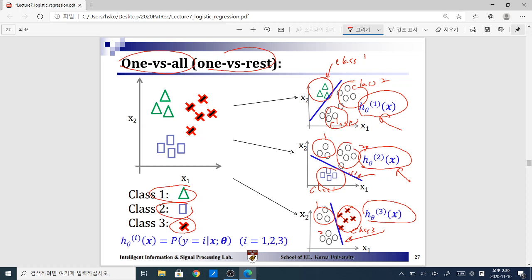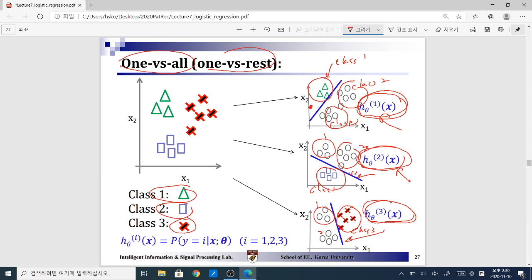So once this is done, that is, we obtain hypothesis function 1, hypothesis function 2 and hypothesis function 3. And then the next thing that you do is that if you inject a test point, say, suppose, right here. So this is your test point.